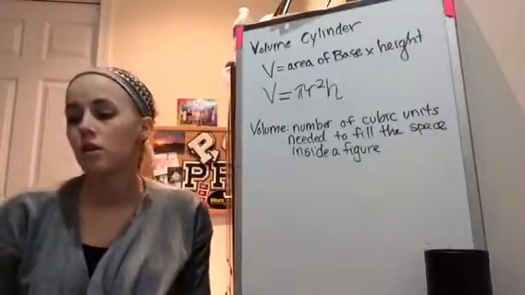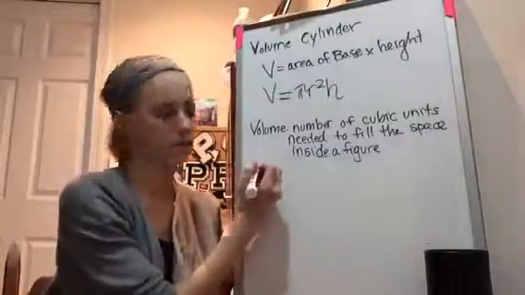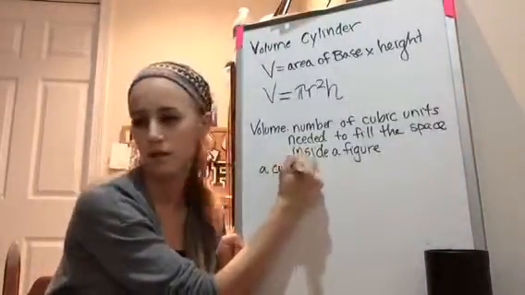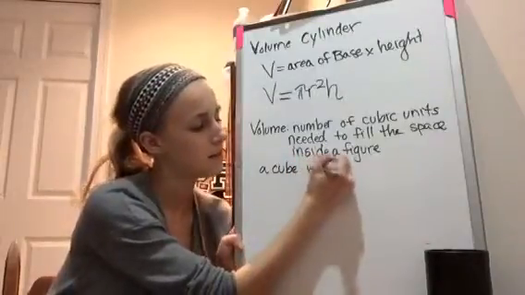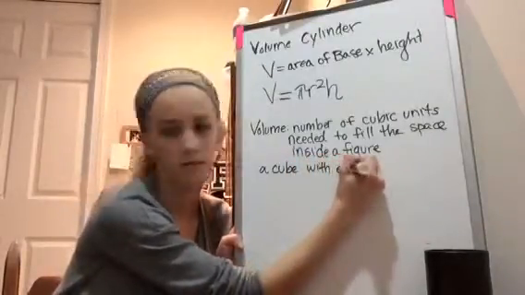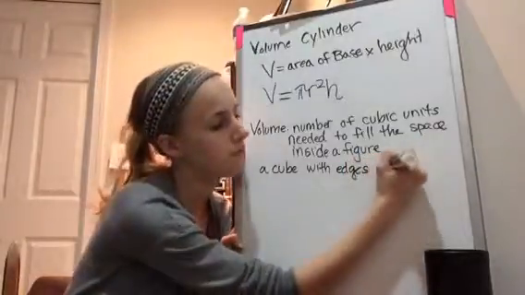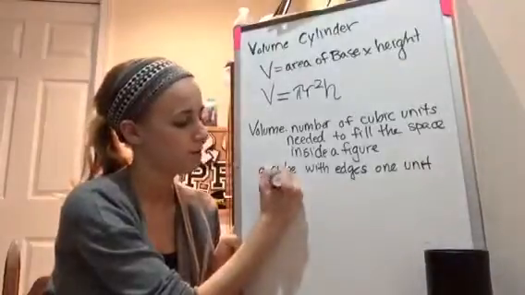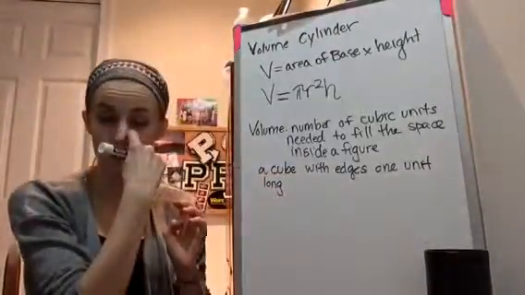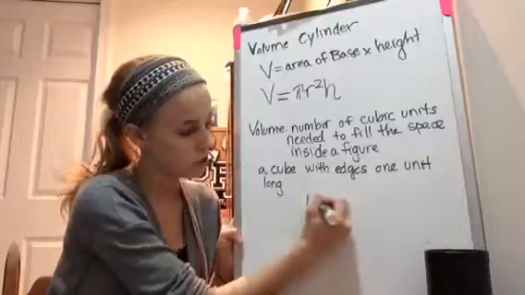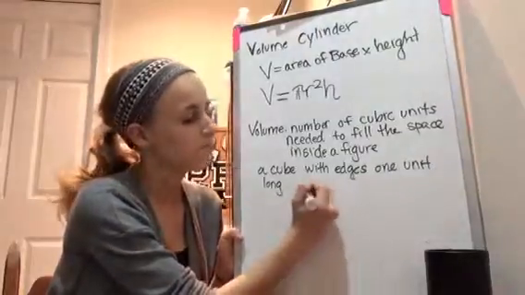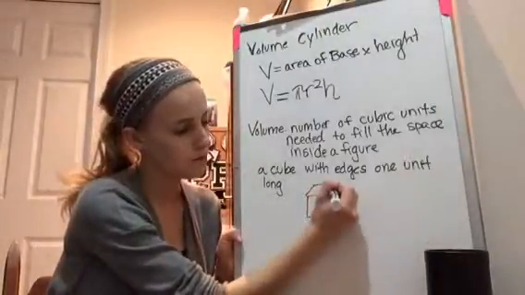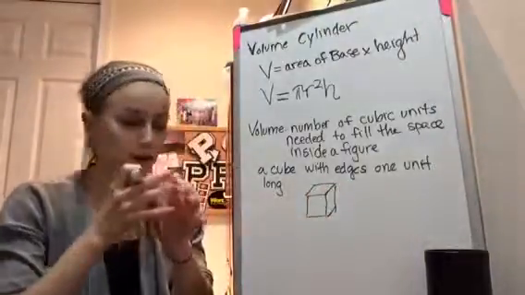Okay. So, and then a cubic unit is a cube with edges 1 unit long. Okay, so if you think about my Rubik's Cube, which is a cube, all right, so I have my Rubik's Cube at school that everyone likes to play with.